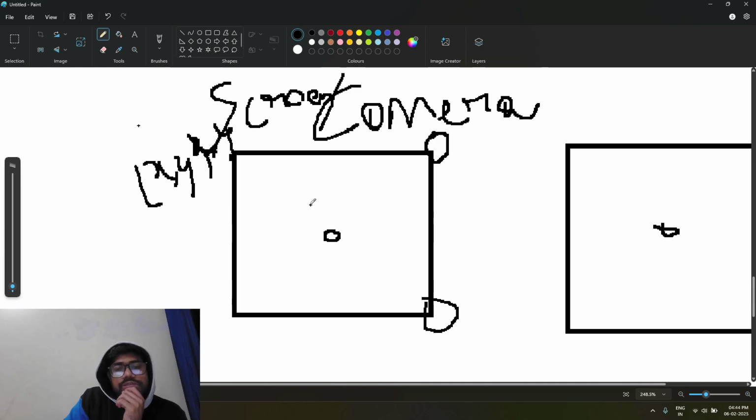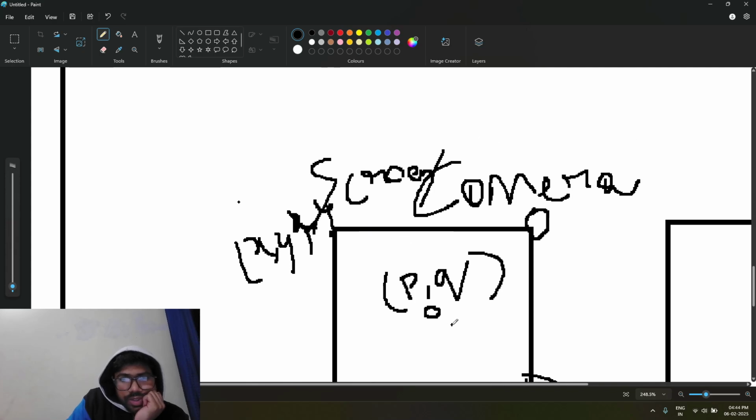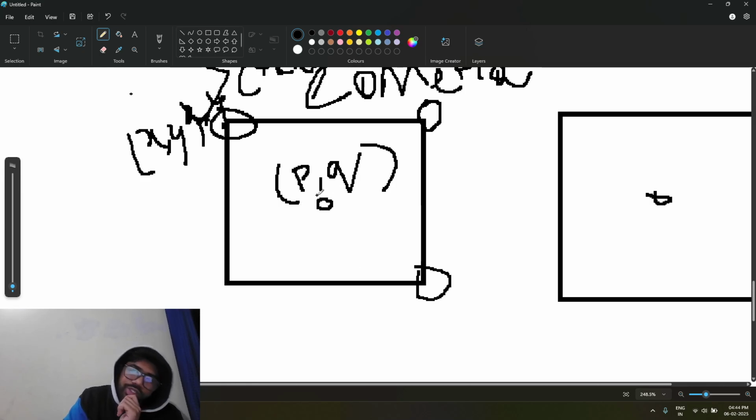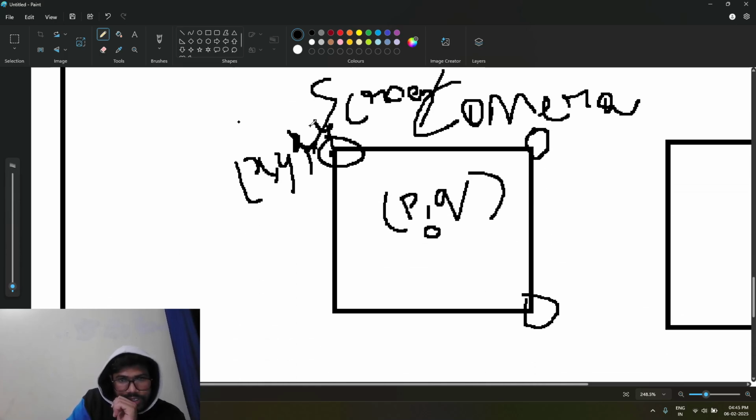This is the camera position, and these are my dot position, let's say P comma Q. So we are basically displaying the dot here, right? The dot's actual position is here, but the dot's rendering position is where this camera is supposed to be, right? And why so?